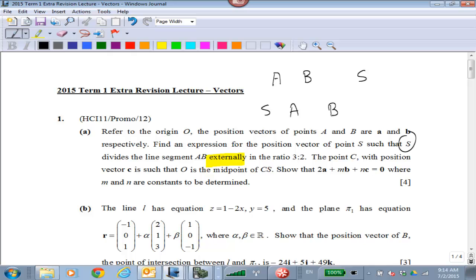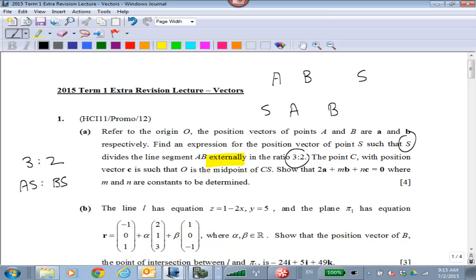So how do I know which situation? The ratio will tell me, but how? So how do I actually see this ratio? When I say that S divides AB, do you agree that I'm saying 3:2 is the ratio of AS to BS? No direction involved, it's just a length. Agree? If I say that S divides AB, without the word externally first, in the ratio 3:2, do you agree that I'm telling you mathematically AS to BS is 3:2?